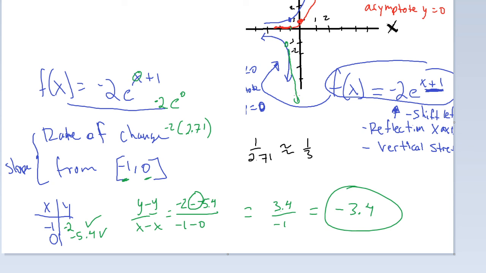But between these 2 points, we know it's decreasing at a rate of negative 3.4 for each unit. So that would be your slope between negative 1 and 0. So that would be the answer. So rate of change, again, means slope between negative 1 and 0. We found the values of y when x is negative 1 and when x is 0.